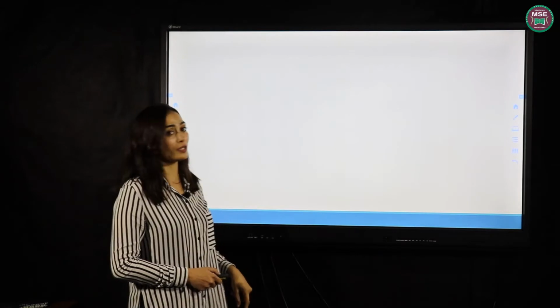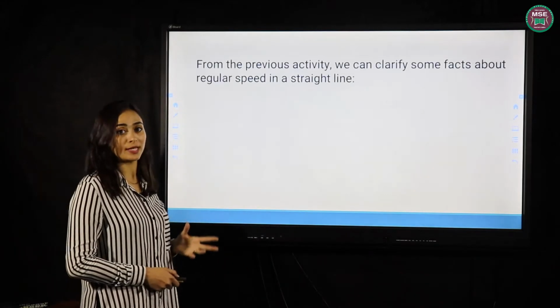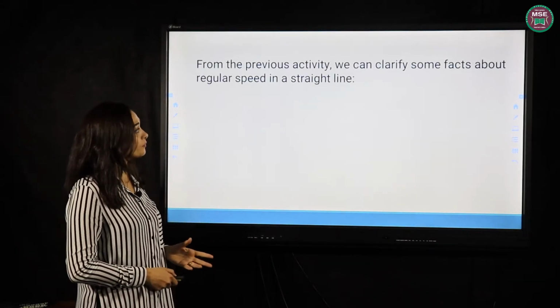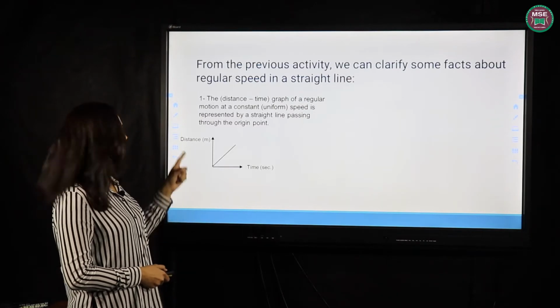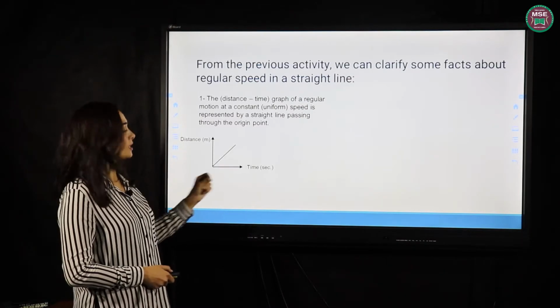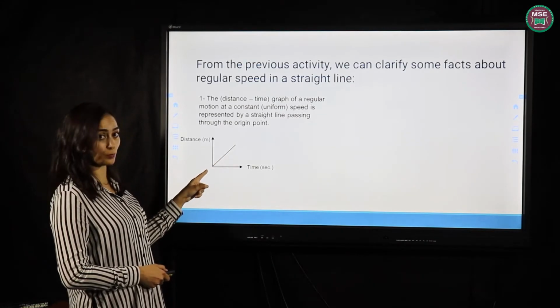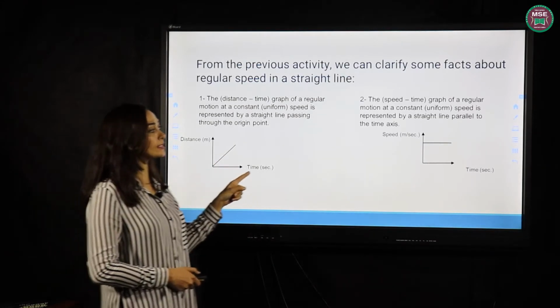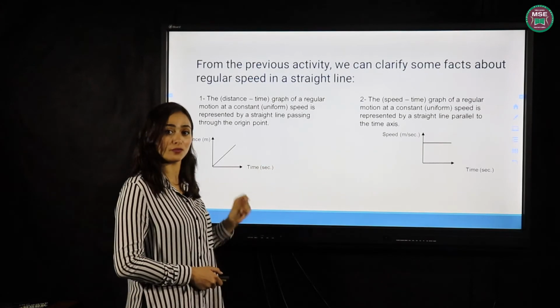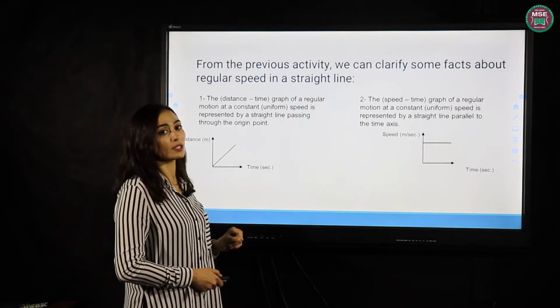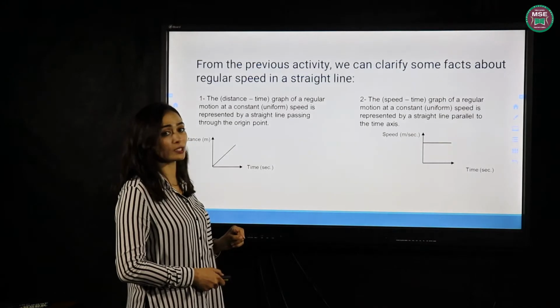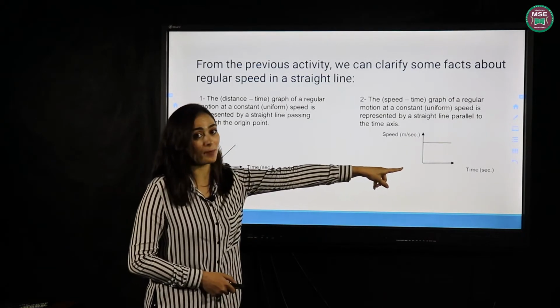Okay, so in the uniform speed graph, when the two axes are distance and time, the graph is represented by a straight line passing through the origin point. When the graph is speed and time, the graph is represented by a straight line parallel to the time axis.